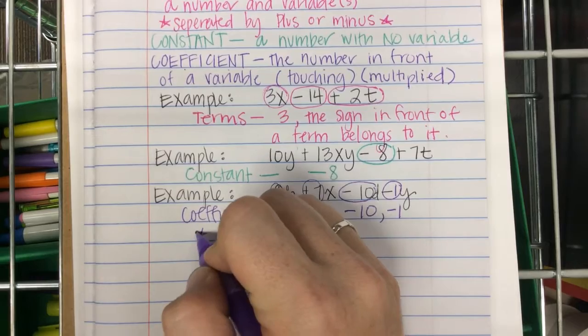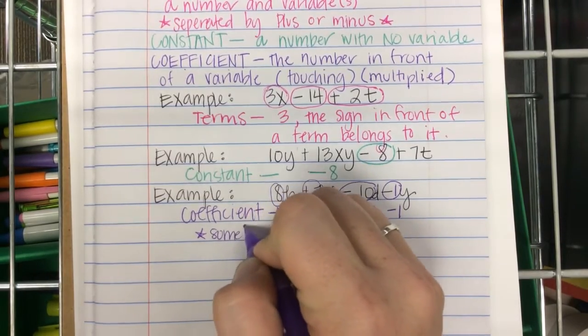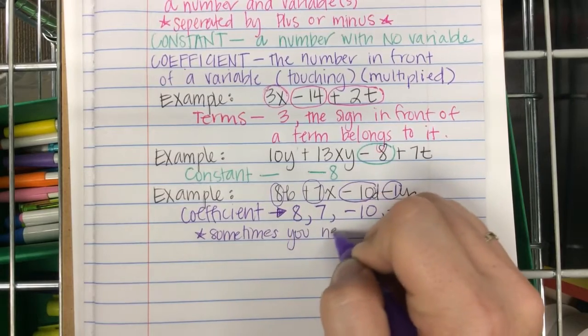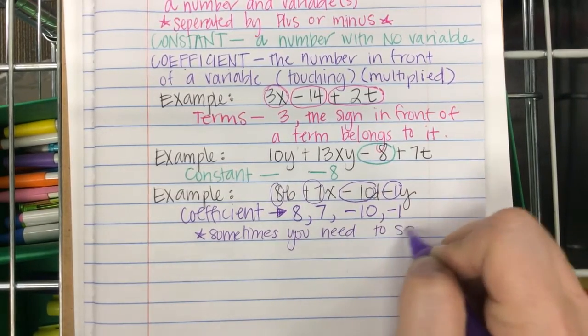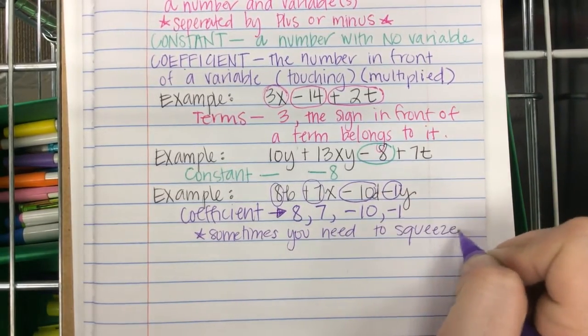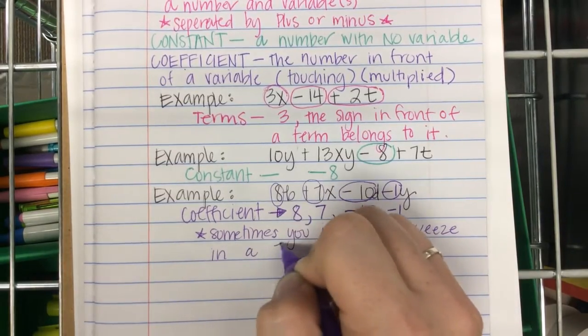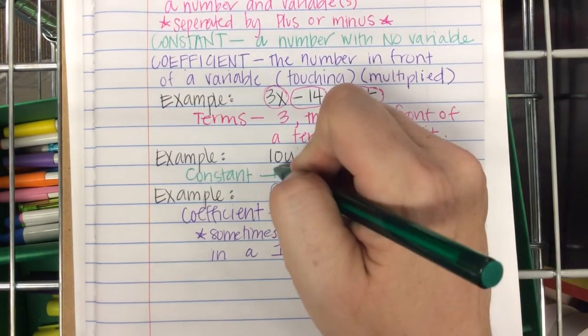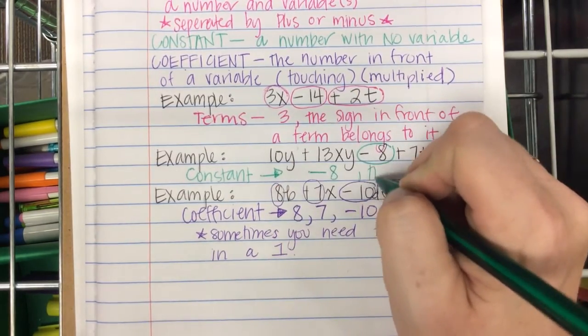So with the coefficients, sometimes you need to squeeze in a 1. I guess I should have put with the constant, there can be no constant, right?